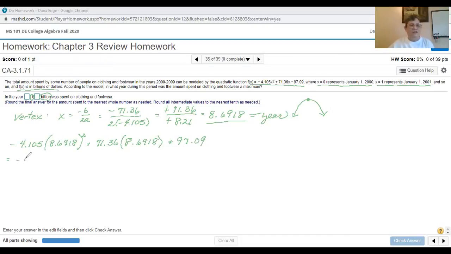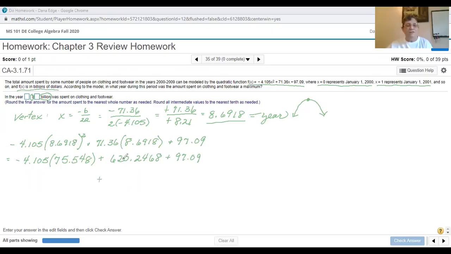It is going to be negative 4.105 times, and I actually had the whole number in my calculator window, so I did not round this off as much as I'm showing here. 75.548. I'm going to keep this at 4 decimal places, so 620.2468 plus 97.09.